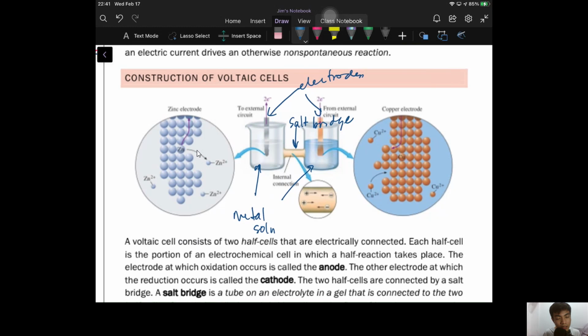Okay. So, saan mapupunta yung electron? Dadalo yan sa circuit. So, may bakal dito that is connected to the other electrode which will accept the electron. Dito naman sa side na to, what happens here is that the solution will accept the electrons so that the metals in the solution will be deposited in the electrode.